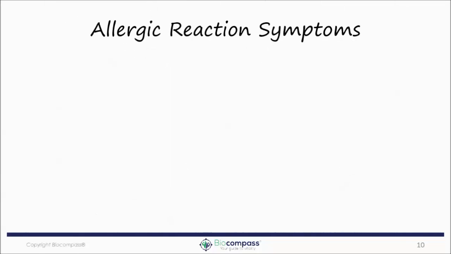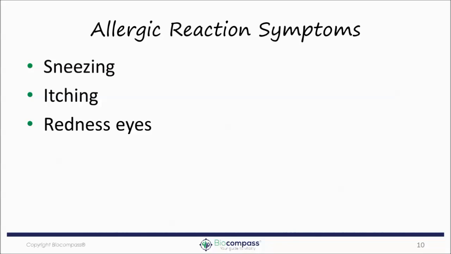So let's take a look at the allergic reaction symptoms. An allergic reaction is kind of a syndrome. You could be sneezing, you could be itching, you could have redness in the eyes, you could have some coughing, you could have some wheezing or some other symptoms.